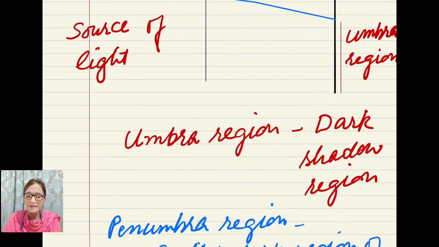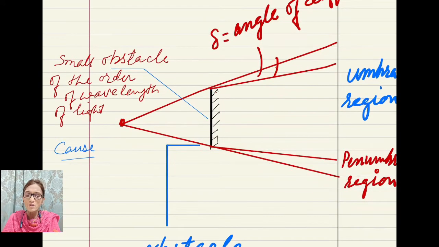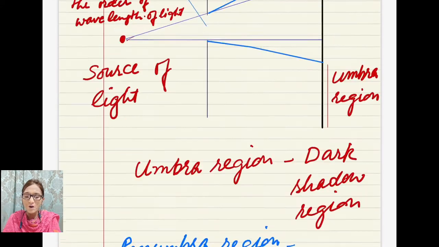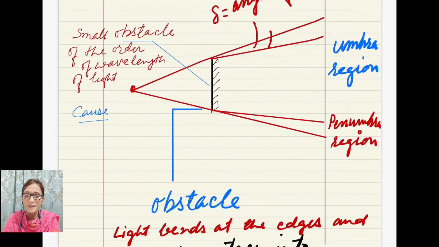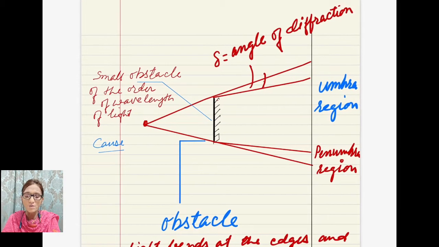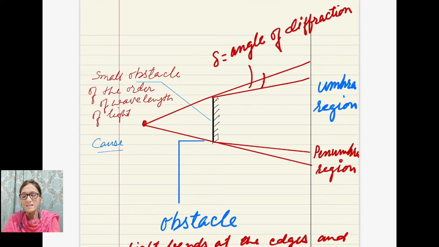Now you can take another case also, in which you have an obstacle instead of one small opening. You have one obstacle here. So when light is hindered by this obstacle, as per rectilinear propagation of light it should travel along a straight path.